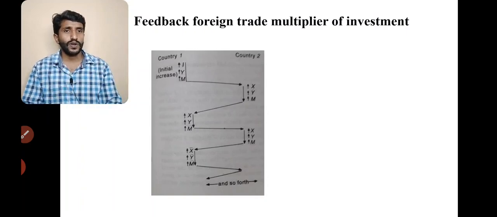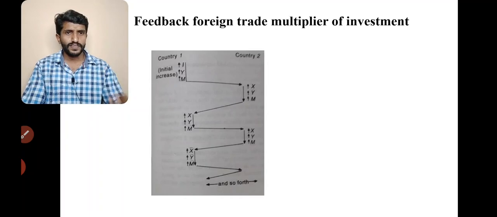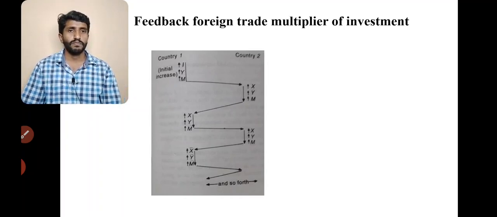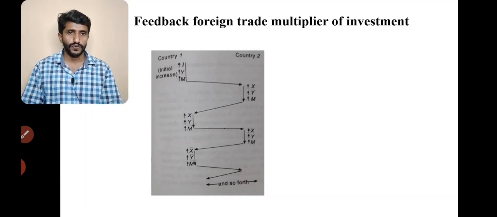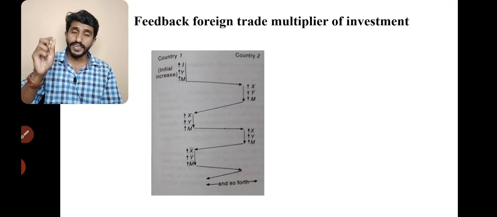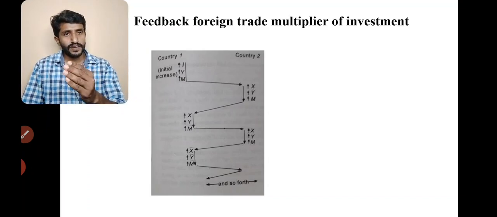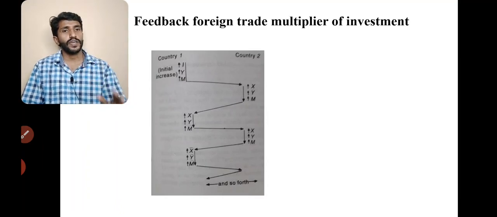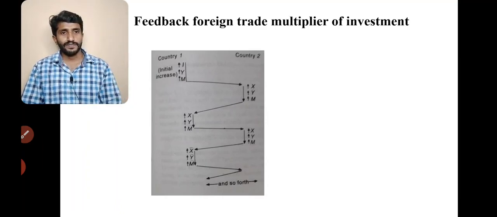So this is known as the feedback foreign trade multiplier of investment. Here an example is given, then it will be more clear. There are two countries, country 1 and country 2. The initial change occurs due to the change in investment. So investment in country 1 is going up, but only one channel is here.